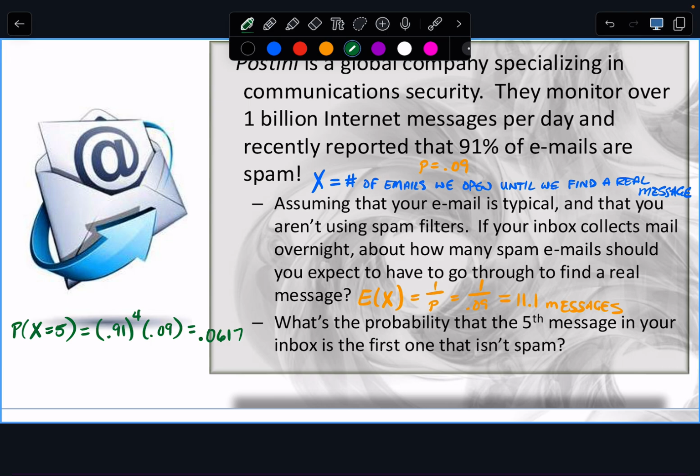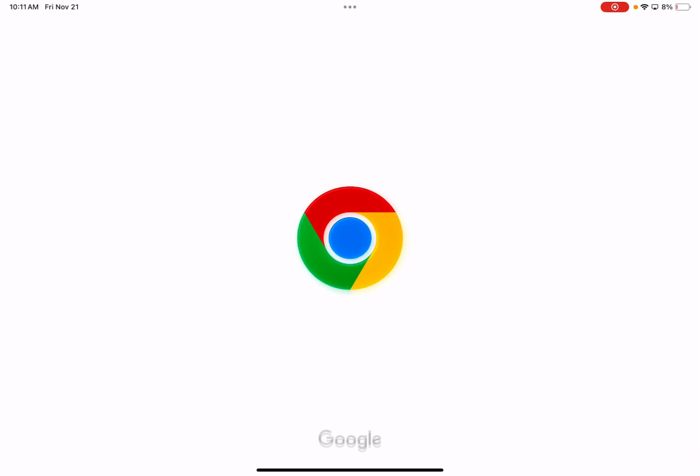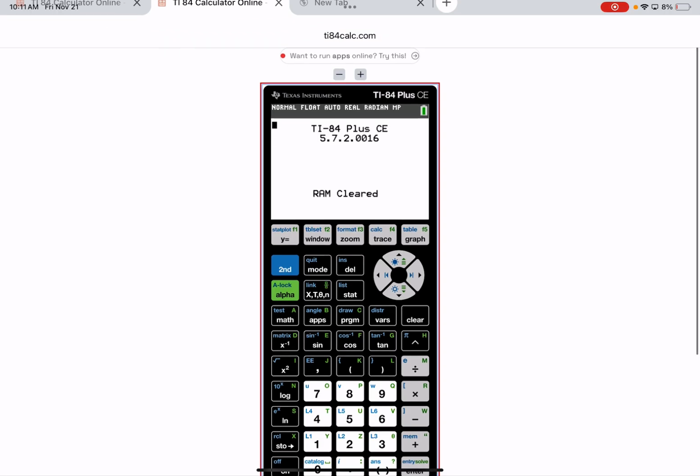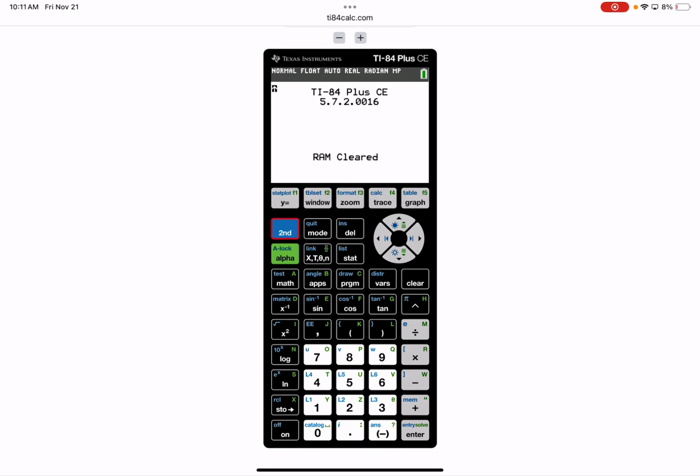So on our calculators, if we want to do the same exact problem, we go into our distribution menu, so go to your second vars. We scroll up. And in this case, the 2 functions we want are right there. So the minute we scroll up, we've got our geometPDF, geometCDF.